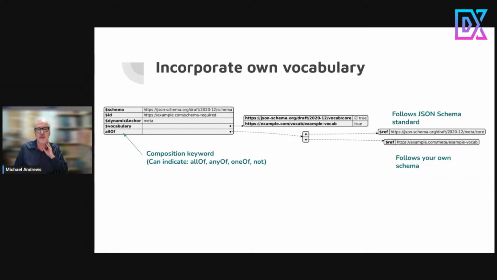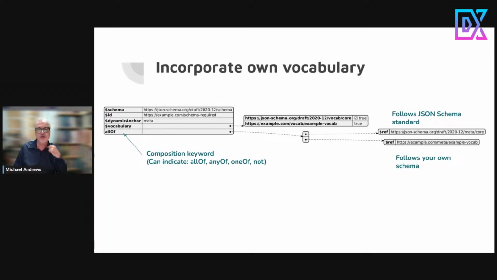And one of the really beneficial things about JSON Schema is that you are in no way limited to what's out of the box, even though a lot of things are very helpful out of the box. So here we see a schema that includes something that the publisher themselves has developed, where they're extending the schema to include things of their own.